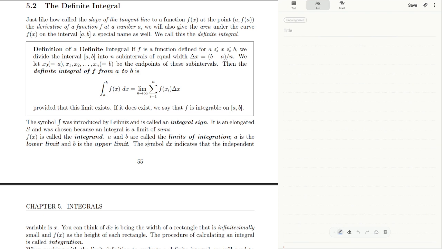And the symbol dx indicates that our independent variable is x. You can also think of dx as being the width of a rectangle that is infinitesimally small, and f of x is the height of each rectangle. Now, the procedure of calculating an integral is called integration.